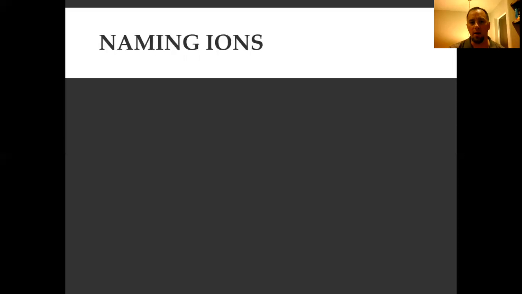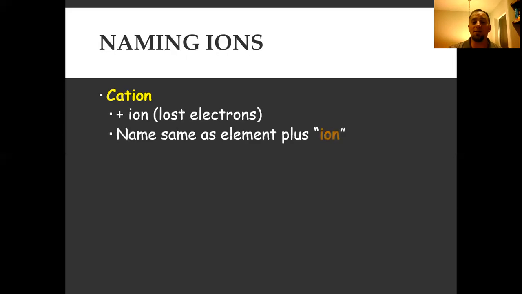So one last thing that I want to look at for ions today is how do we name ions? It's actually fairly simple. There's just 1 or 2 little things that we change when we're naming ions. So for cations, these are those positively charged ions again, those lost electrons. The name is the same as the element, except we add ion.